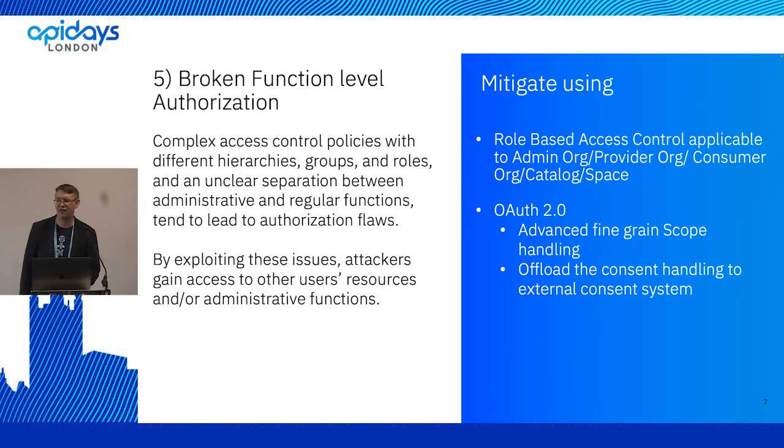So we've got 5 to go through first before we get to 6. So the fifth most common vulnerability is broken function level authorization. So ending up with overly complex access policies with hierarchies and ending up with an unclear separation between functions. You can easily end up with administrative functions that are mixed up with regular functions. One particular example would be handling users.